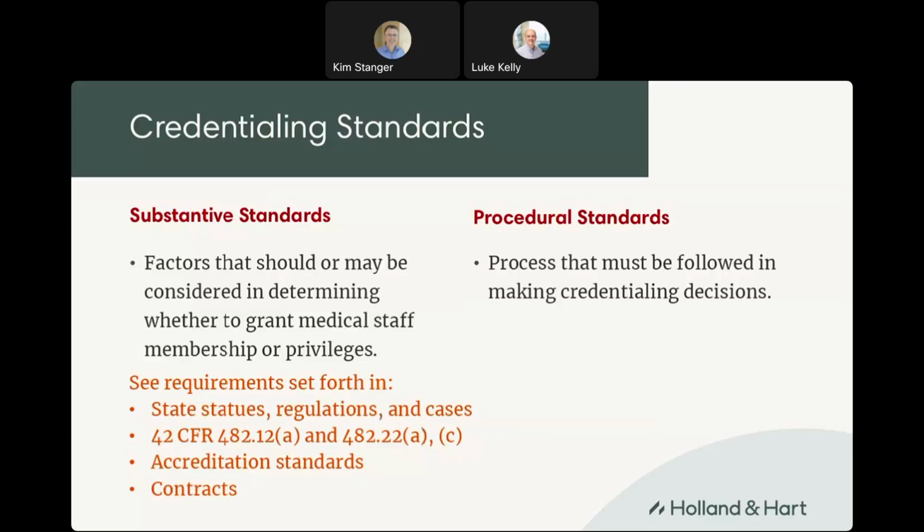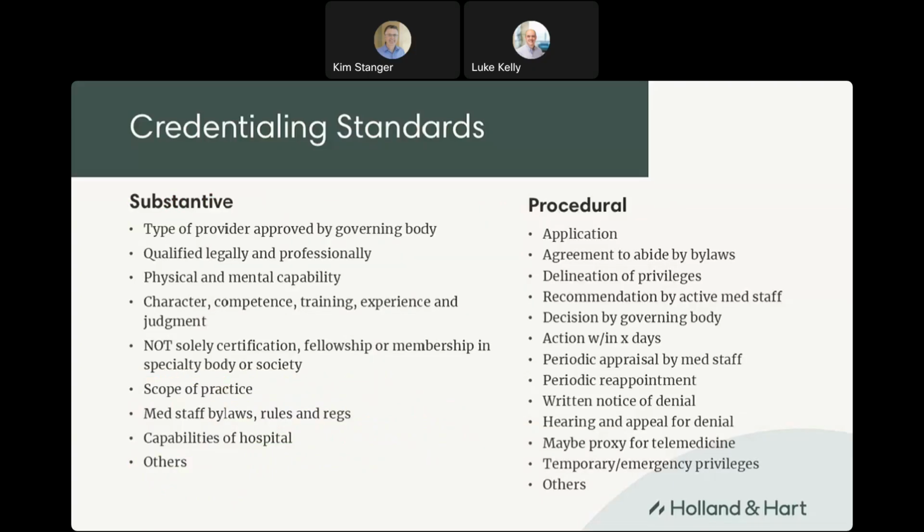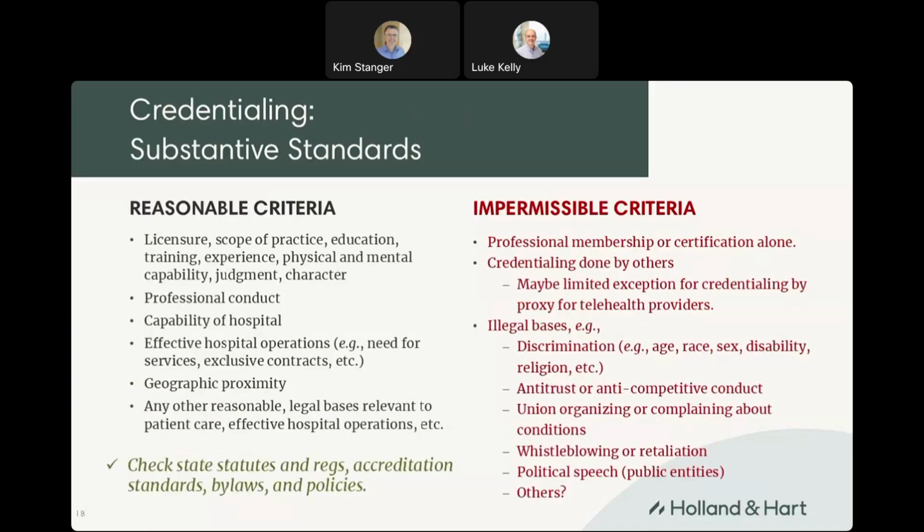And you've got to satisfy both of those requirements. The substantive standards would be things like what types of providers are approved by the governing body to have privileges at your facility. They have to be qualified legally and professionally. They have to have sufficient physical and mental capability and so forth. The procedural standards would be things like how you go through the process: the application, an agreement to abide by the bylaws, delineation of privileges, and so forth.